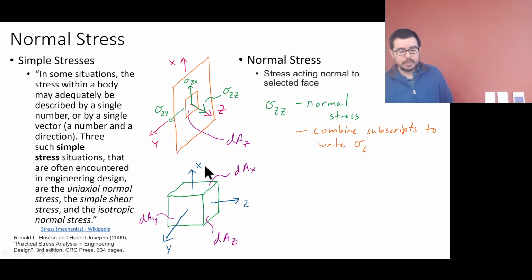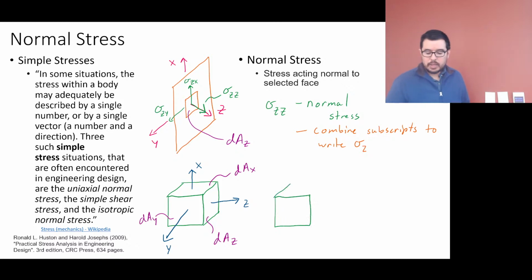So here you go. This is X, Y, Z. It's a cube, right? The face that we've been thinking about has been this right face, with the Z coming out.